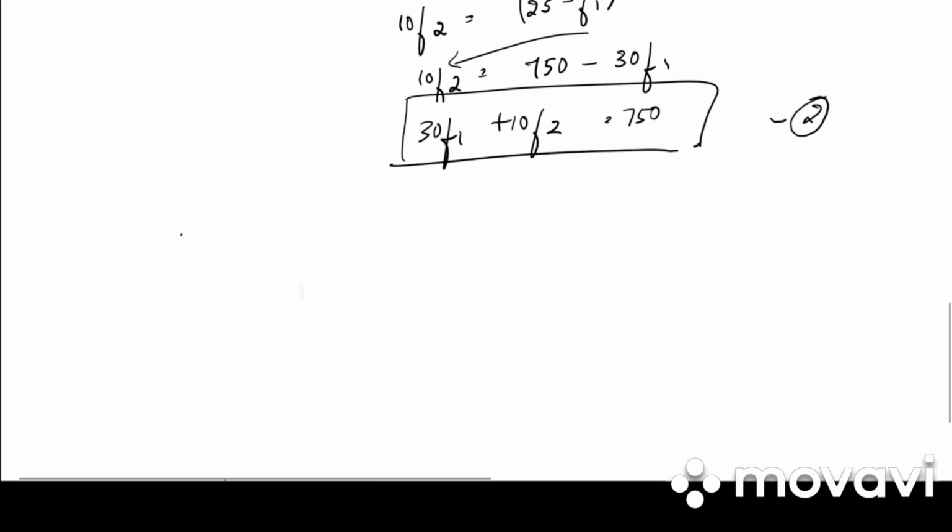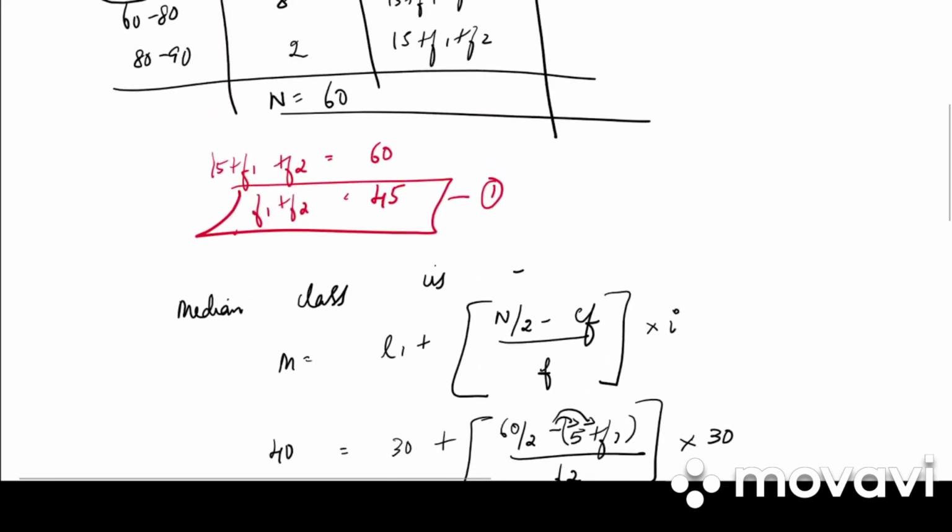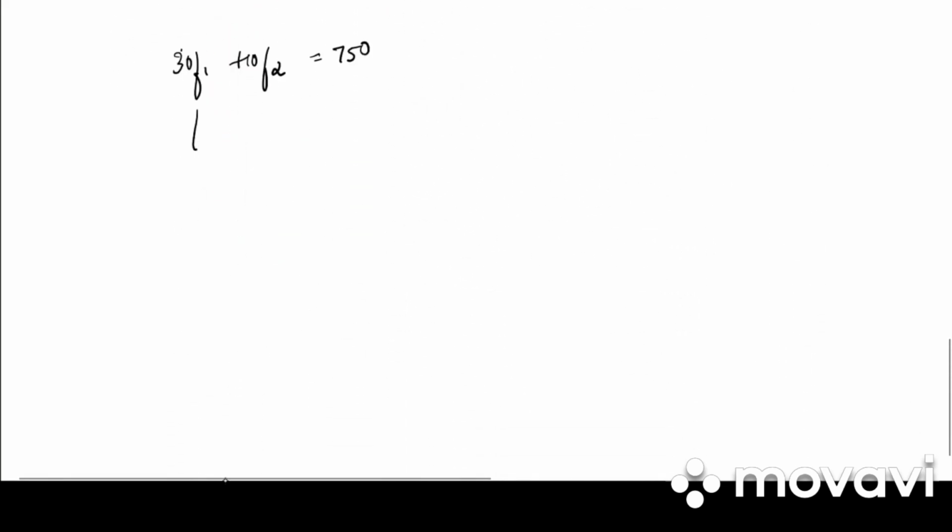After we have found our 2 equations, we need to substitute. We have studied it in our lower classes. 30 F1 plus 10 F2 is equal to 750. Then we have found out the first equation, that is F1 plus F2 is equal to 45. So we need to convert it into the second. If we need to cancel F1, we need to multiply by 30.